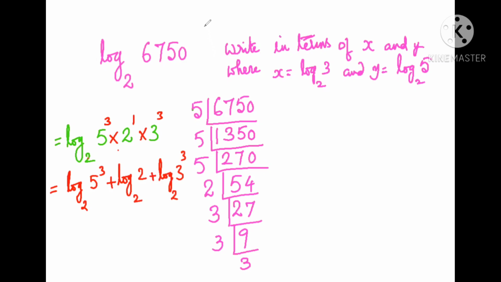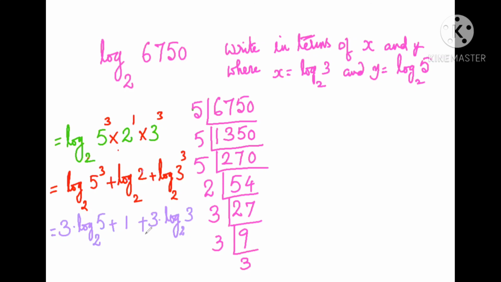Now we use the third rule, the power rule. You have to write this 3 as the coefficient: 3 into logarithm of 5 base 2. Here logarithm of 2 base 2 is equal to 1, because logarithm of a number to the same base is 1. Now write the 3 as the coefficient of the logarithm according to the power rule: 3 log 3 base 2.